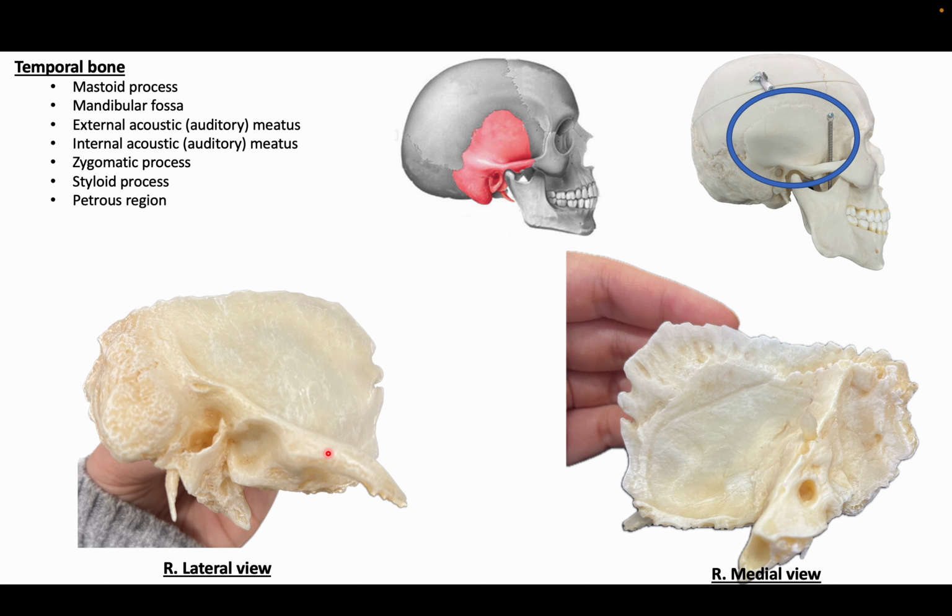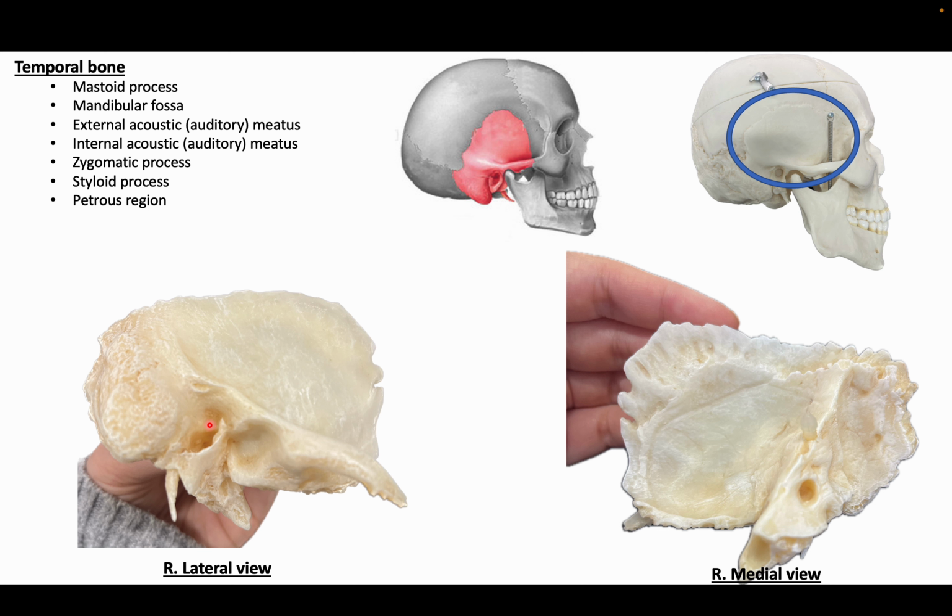So with the temporal bone, you can see that there is going to be the external acoustic meatus here that's visible in the lateral view, and this is essentially your ear canal where sound waves come in. Okay? There's going to be some trapped particles inside of this external acoustic meatus.